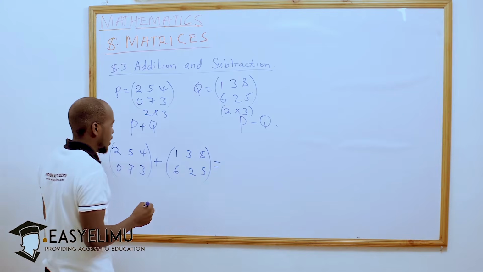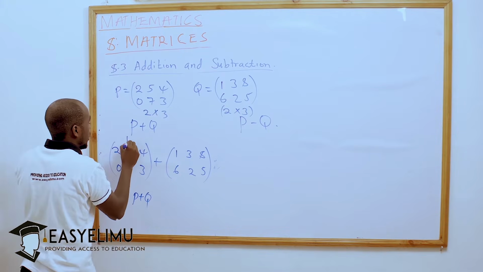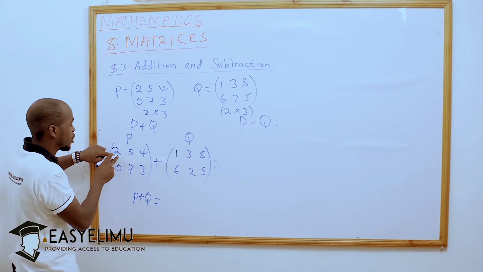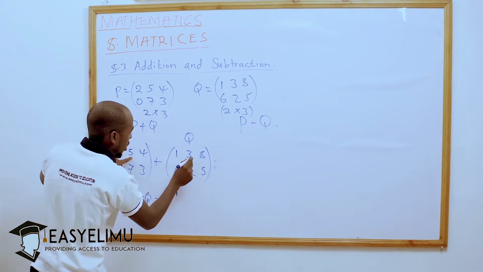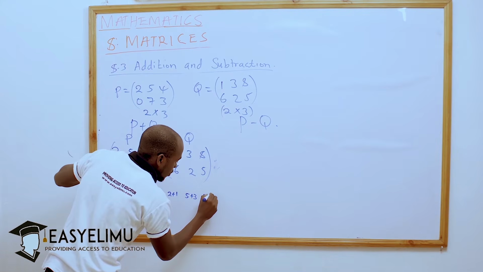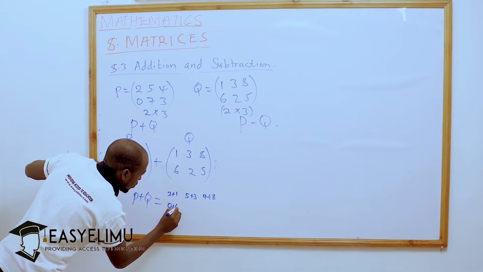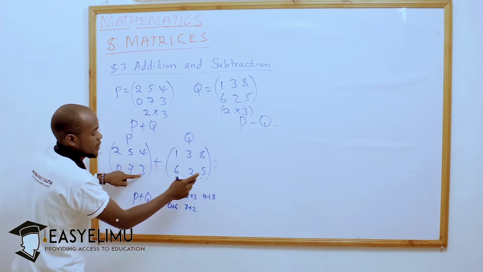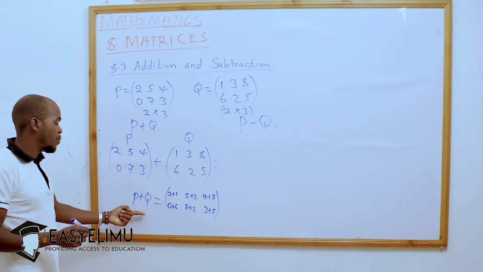Then this will give us P plus Q, of which this one is our P and this is our Q. You are going to take 2 plus 1, 5 plus 3, 4 plus 8, 0 plus 6, 7 plus 2, and 3 plus 5. If you do that, you will have found P plus Q.